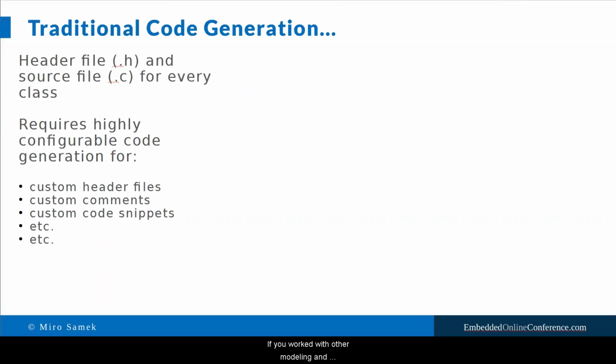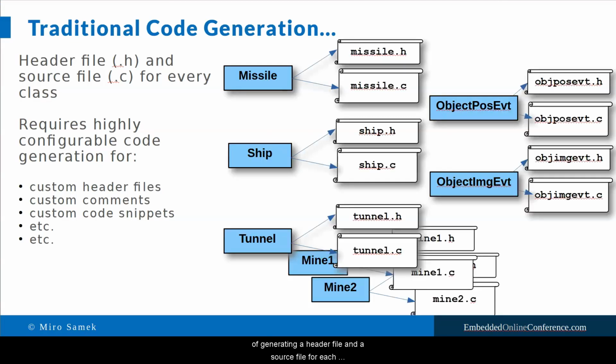If you worked with other modeling and code generating tools before, you might be used to the traditional way of generating a header file and a source file for each class in the model. For example, the files generated for the class missile would be missile.h with the declaration of the class and missile.c with the definition of the class.